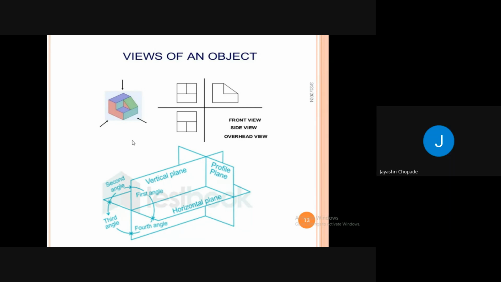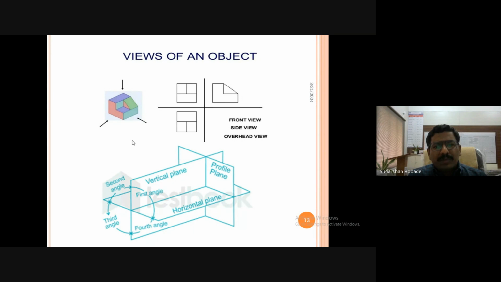Yes, sir. Now, whenever we are talking about the views of an object, we all are engineers or we might be from a different domain. So my dear friends, it is always expected from the assessor's point of view that I have as many views as possible for that particular design.